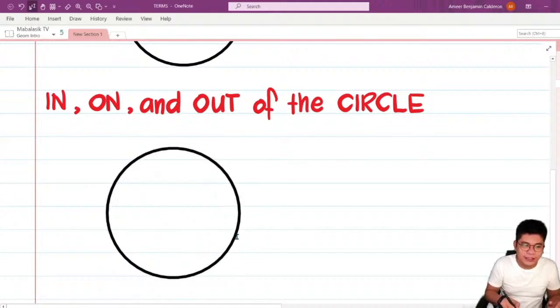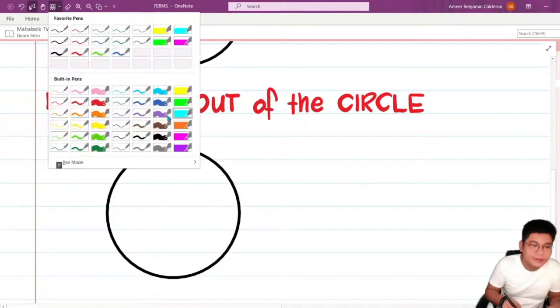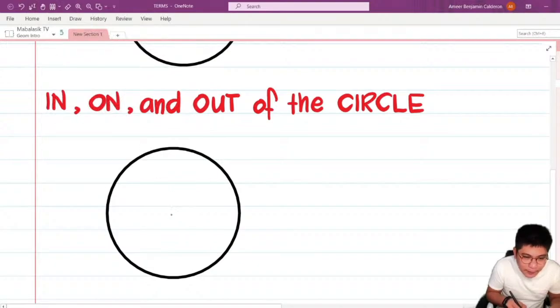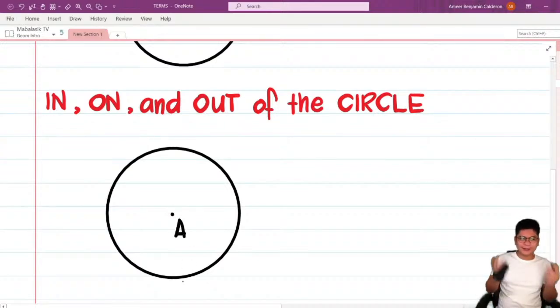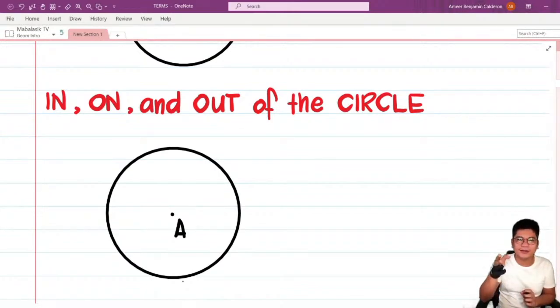So that is our circle. Now, let us draw its center. So, kunyari, yan, gitna na. For example, that is A. Gusto lang natin ma-identify. Nasaan yung in the circle? Nasaan yung on the circle? Nasaan yung outside the circle?